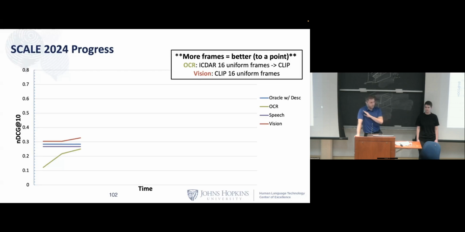It did continue improving on the OCR side because OCR is very noisy, so sometimes looking at up to 1 frame a second results in even better performance. For efficiency's sake, we kept it at 16 here. And we didn't have to do any fancy scene detection boundaries; just uniform frames was sufficient.